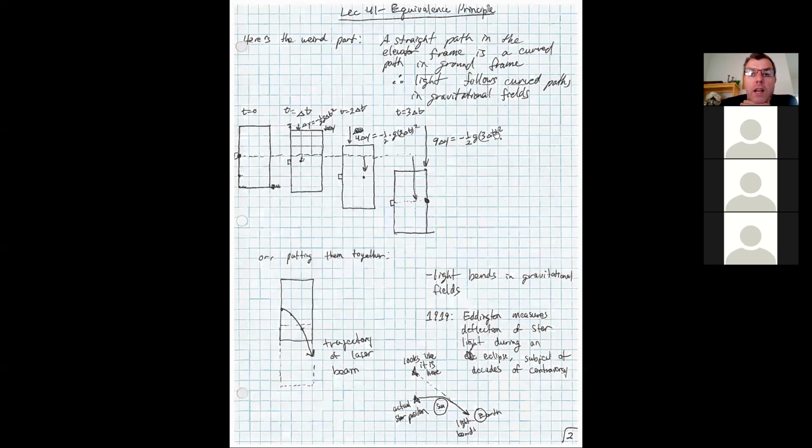It's now fallen 9 times as far because, again, the distance is proportional to t squared. Multiply t by 3, we multiply t squared by 9. So if we put all those facts together, you see how each time the light has gone farther and farther from this line. The light followed a curved path in space.